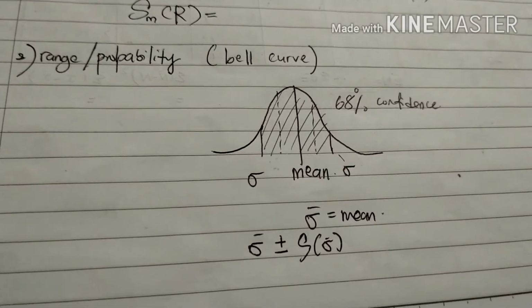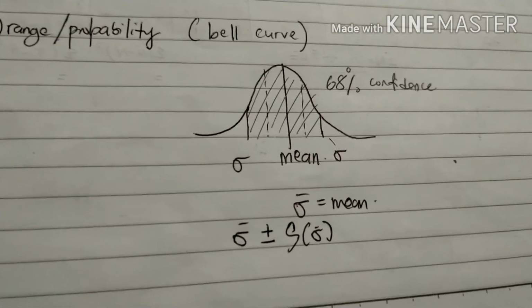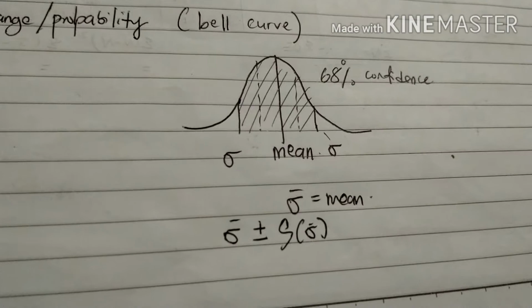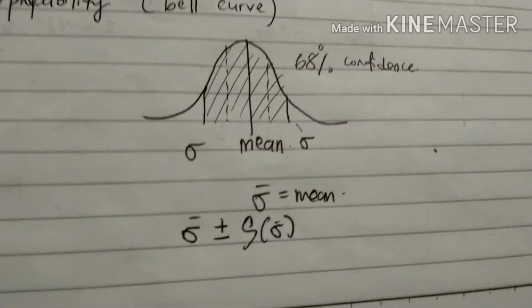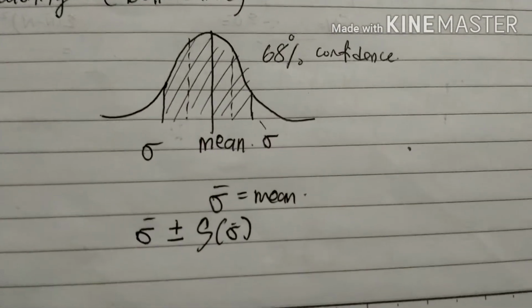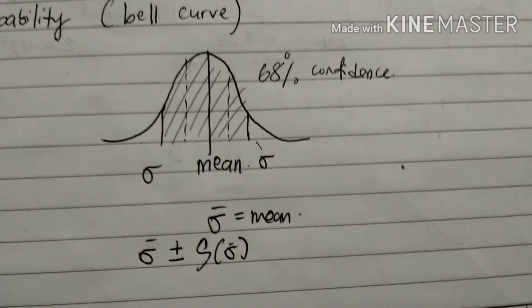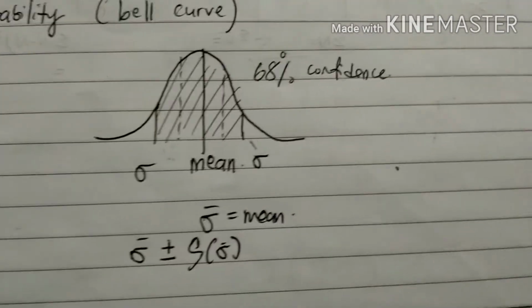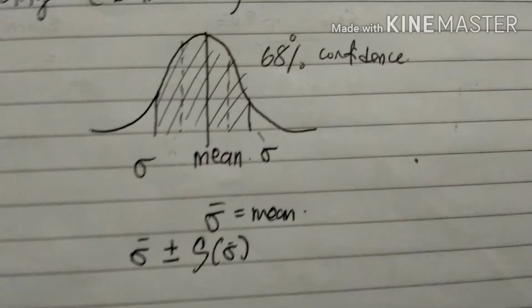After that, we can construct the bell curve to identify the region of the standard deviation, whether it is within the 68% confidence or not.